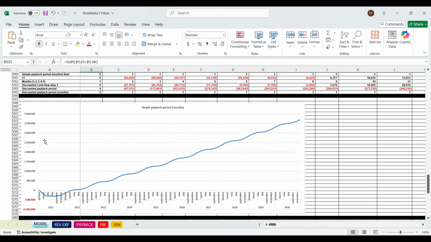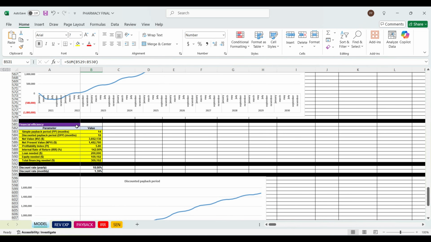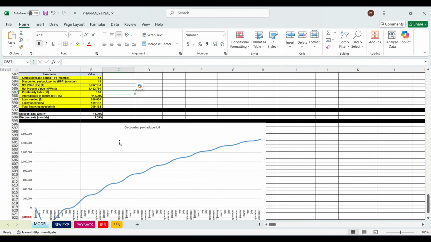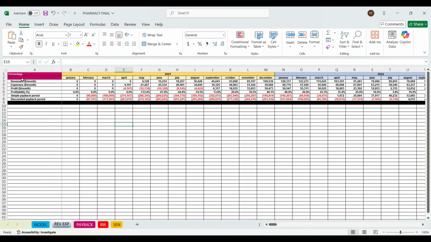Then we have a simple payback period diagram. Then we have the table with all the financial efficiency that we get in this particular scenario. Then we have the discounted payback period diagram. Then we have a very simple table showing us the revenues, expenses, profit per month, profitability per month. Then we calculate simple and discounted payback period.